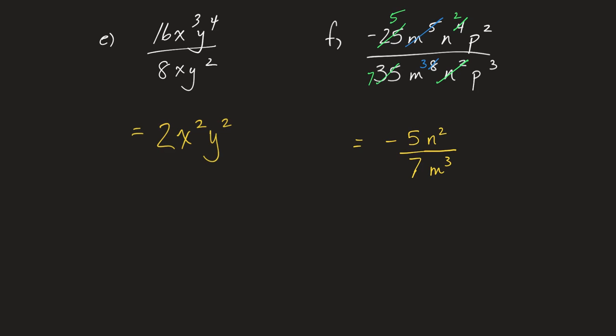I go through which side has more: the bottom, by how much? 1. Extend my fraction line a little farther, and there we go. That would be me dividing the p squareds out, the 2 p's out of there. Since there's 3 on the bottom, I'd have 1 left over. So if we got down to negative 5n squared over 7m cubed p, we are good.